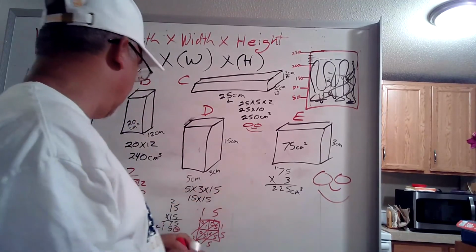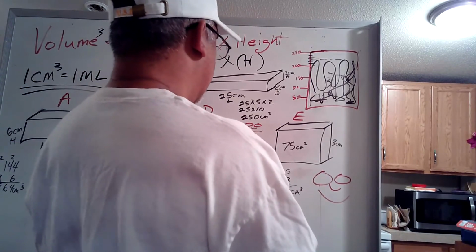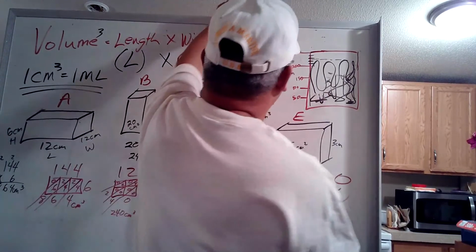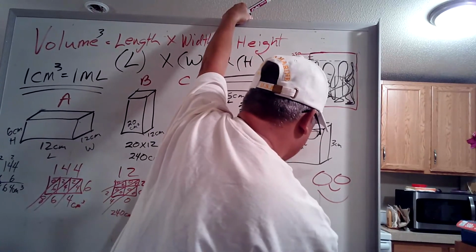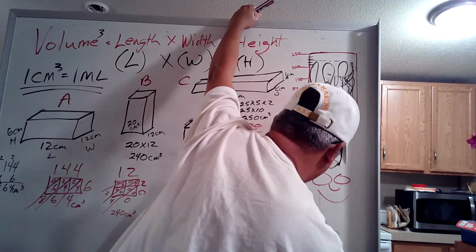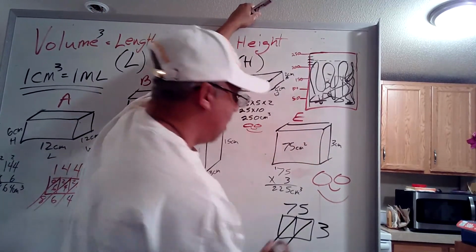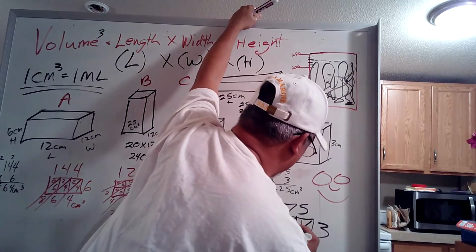E is 225? Okay, let's check that work. So, if I put it in the box, 75, put a box, 7 gets a lane, 5 gets a lane, put a 3 right here, corner, corner down, corner, corner down. 3 times 5 is 15, put that there. 3 times 7 is 21.